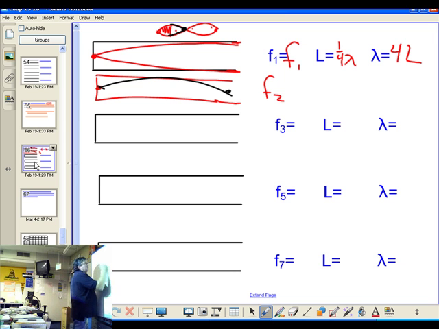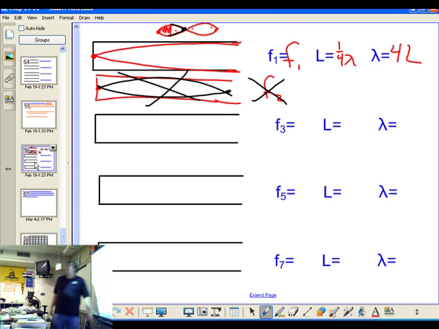A node. Now, I could get a wave with a node at the end, but is that going to be a standing wave? No. This is why we don't get even harmonics, because the even harmonics have a node at the open end. Only odd harmonics put an antinode at the end.